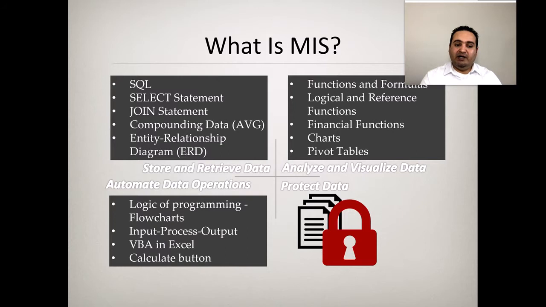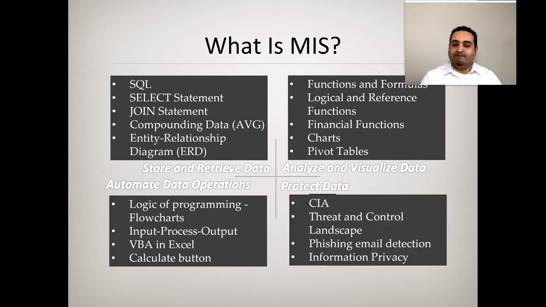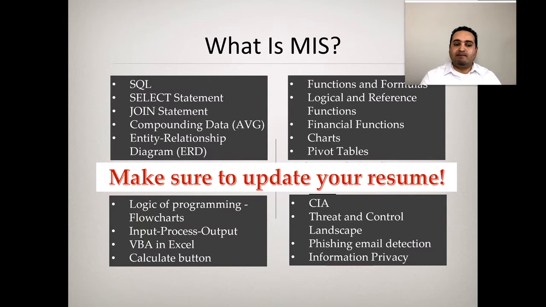We learned how to build your own flowchart, how to interpret your flowchart into VBA code, and how to create a button in VBA. And about protecting data, we learned about the CIA: confidentiality, integrity, and availability. We learned about the threats and controls that can be imposed towards CIA. And we learned about phishing email detection and information privacy.